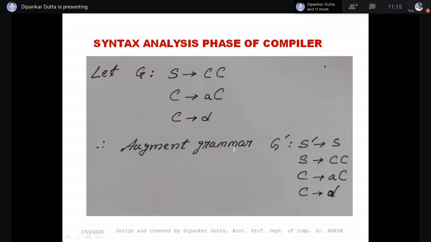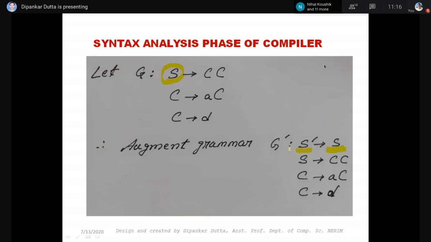Now for the augmented grammar, introduce a new non-terminal S dash and assign your starting symbol capital S as the right-hand side of this production. This is the start symbol of your grammar.